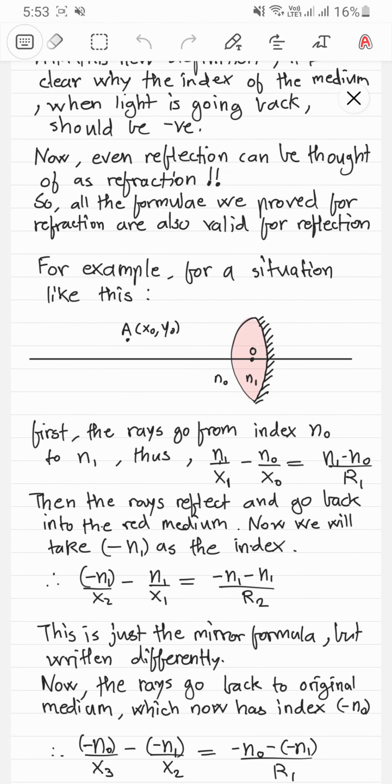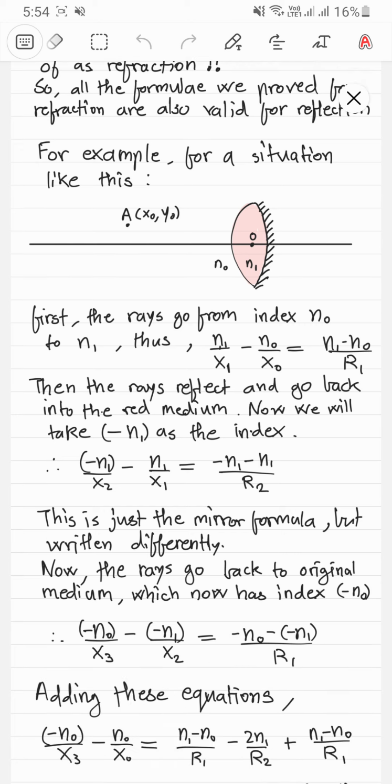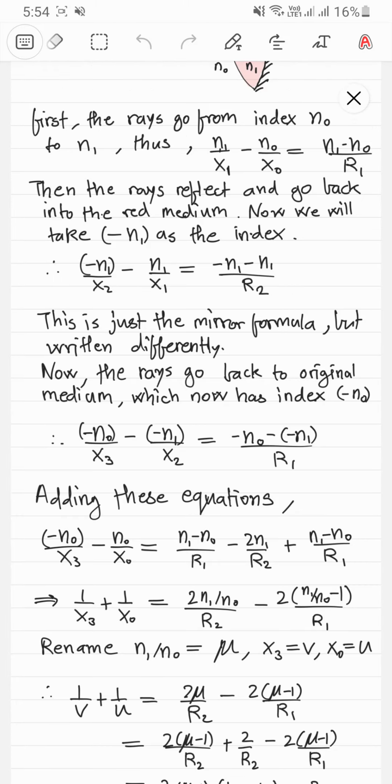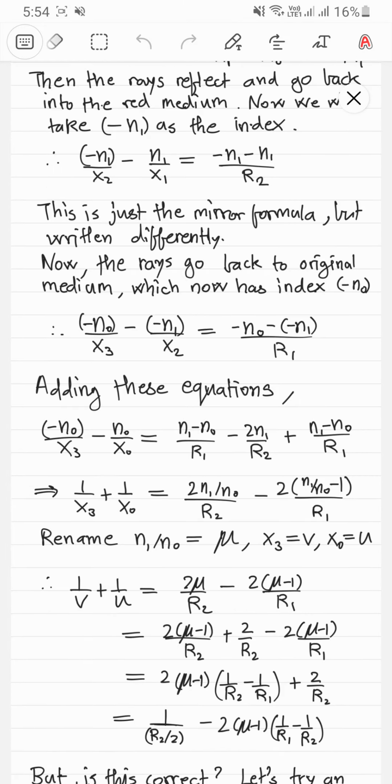right? So first you just go into this red medium, then you reflect, so you go back to the red medium but now with a negative refractive index because it's going backwards, and then you go to this other white medium, but now this will have a negative refractive index because the light rays are going backwards. So you write down these three equations and then you add all of them up.